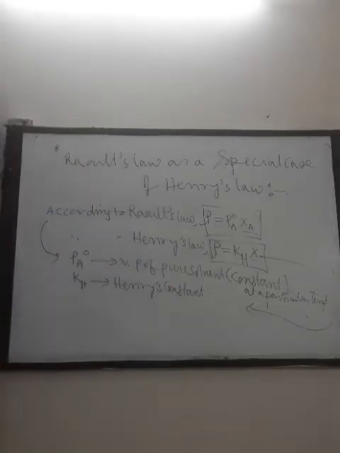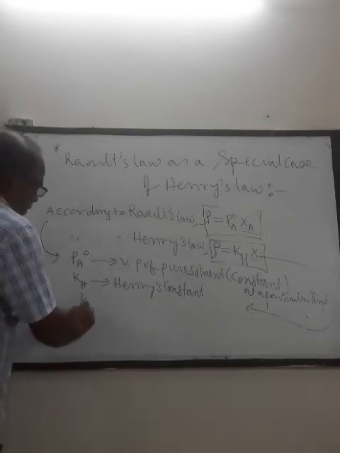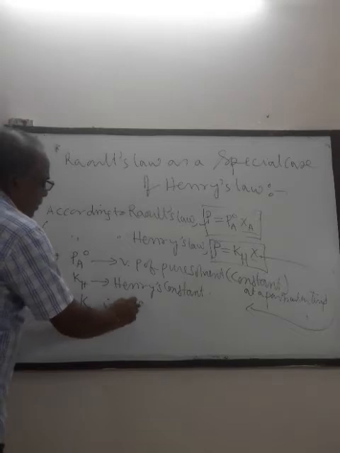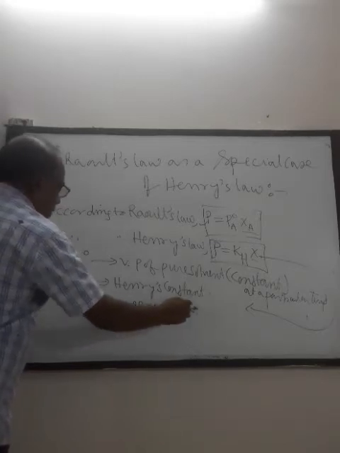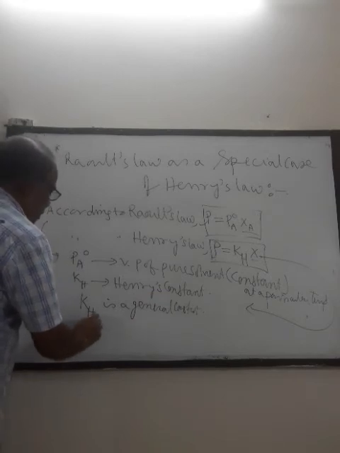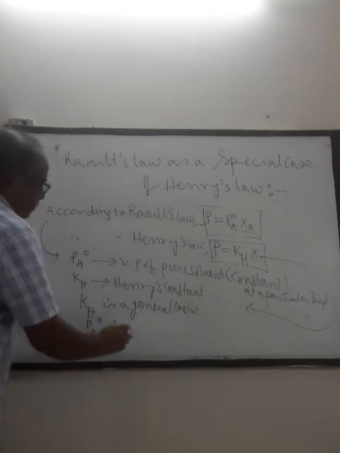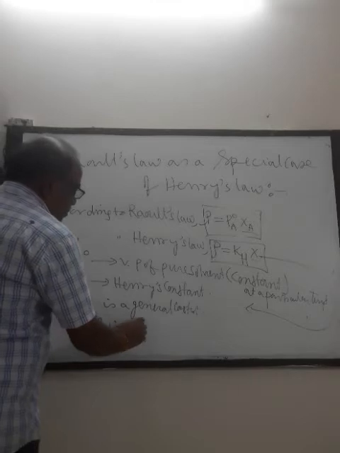So KH is a general constant, and PA naught is a specific constant.